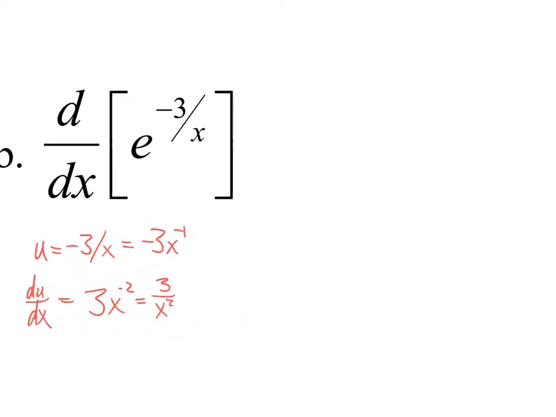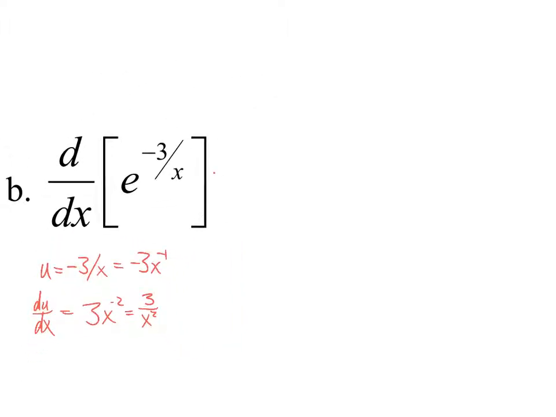So the derivative here is, I copy it down exactly as it is, e to the negative 3 over x, times the du dx. So it's times 3 over x squared. And how you choose to write it is up to you. You could write it in front or write the whole thing as a fraction. Either way it'll work.